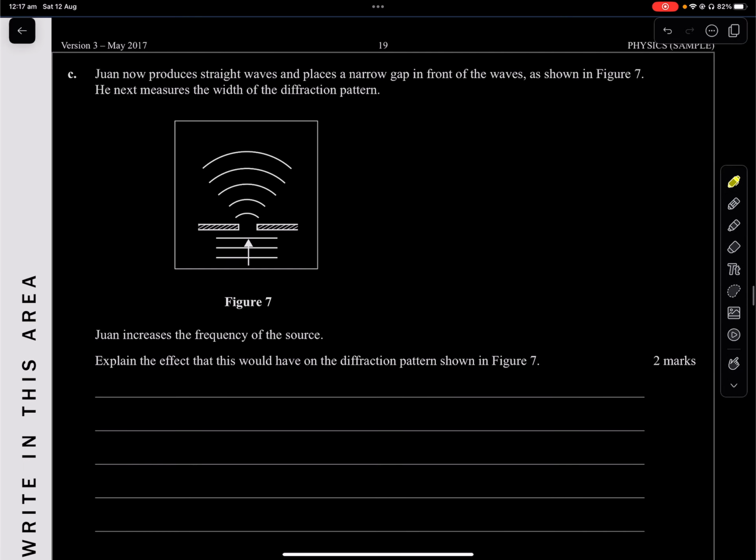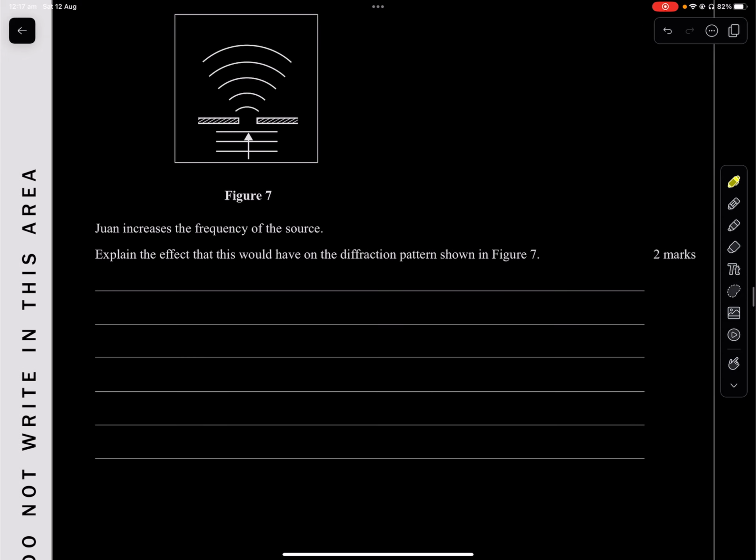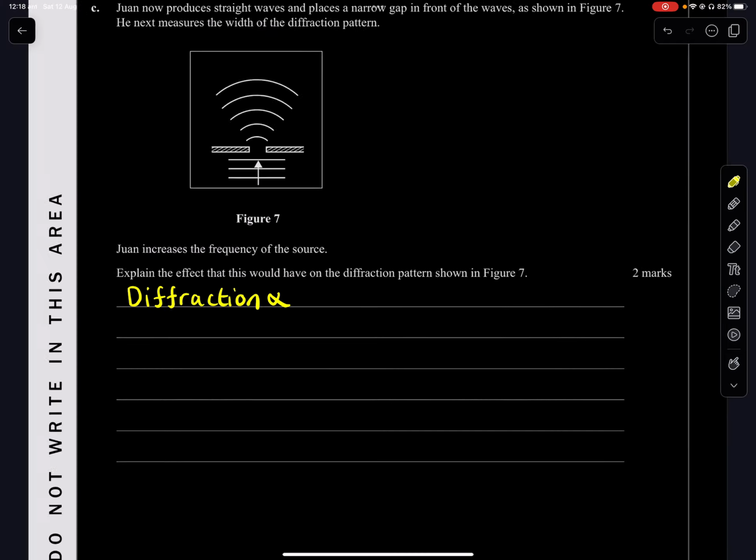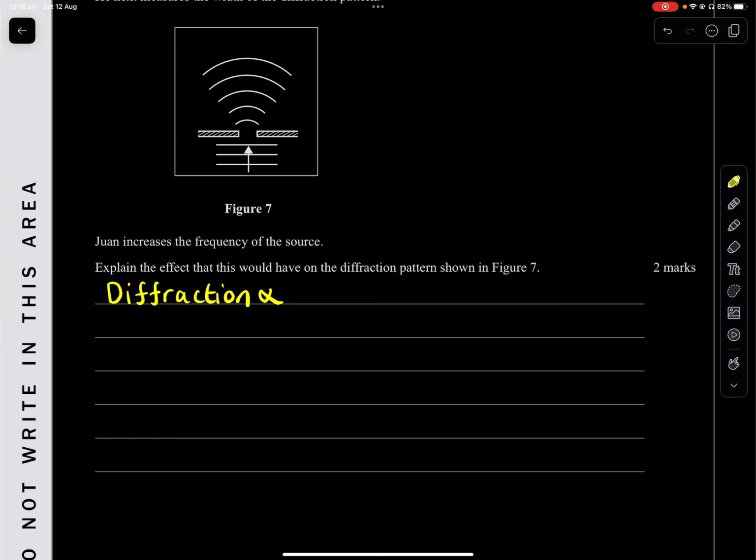If I look at the formula for diffraction, what do I know? Diffraction is proportional to your wavelength over the width of your gap. What does that mean?